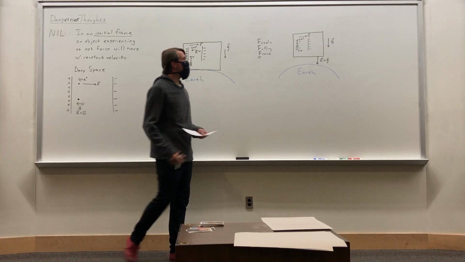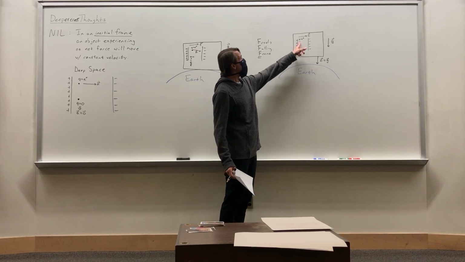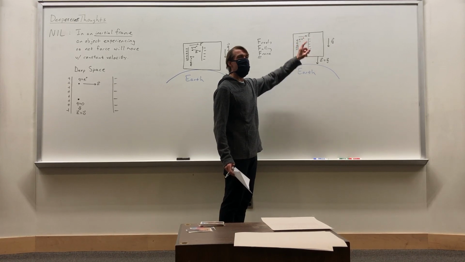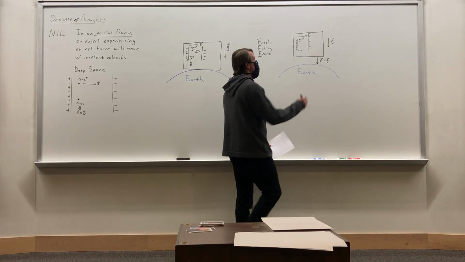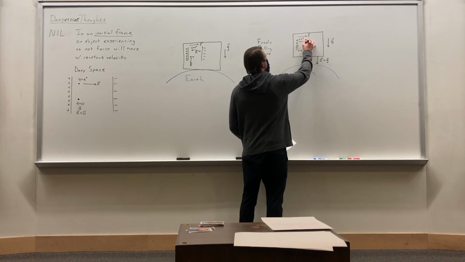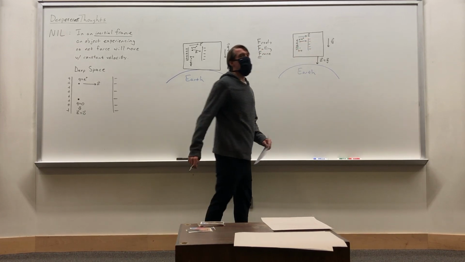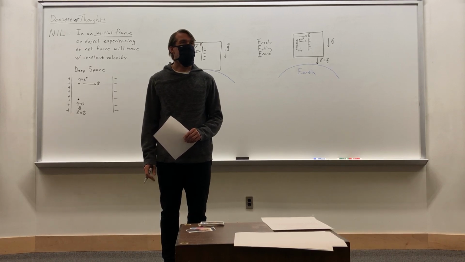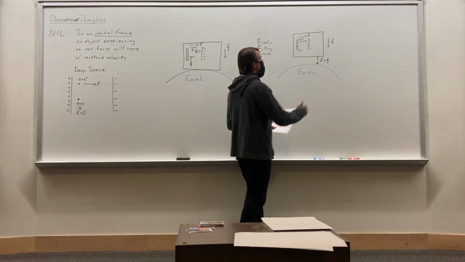And now I ask, what path is the charged particle going to take in this frame? It's going to go directly to the right. What path is the neutral particle going to take? It's going to sit at rest. We're talking about to an observer in this thing.